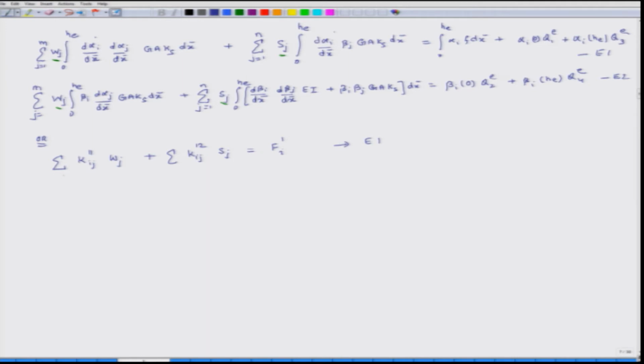And here, adding these, K I j 2 1 W j plus K I j 2 2 S j equals F I 2. So this is E2.